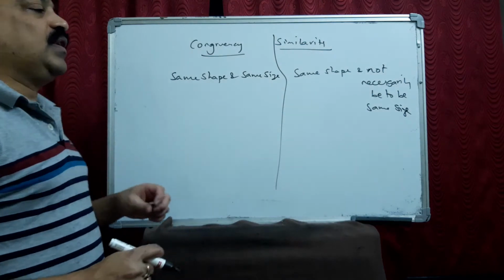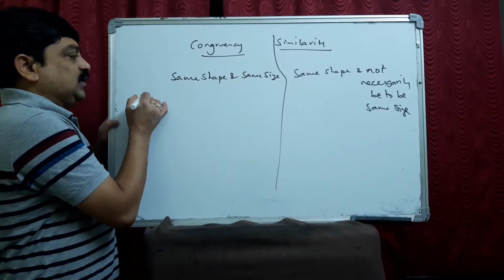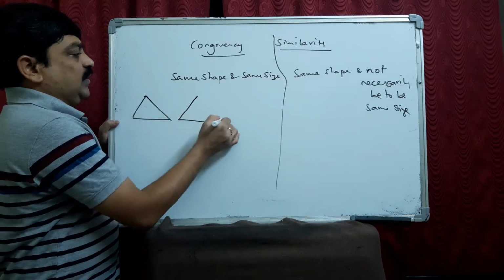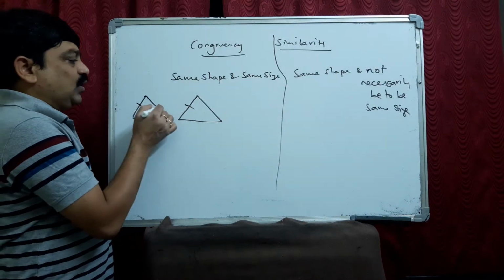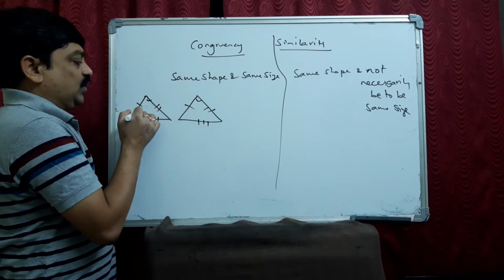This is the concept of similarity. Suppose you see two triangles; these two triangles are said to be congruent if all the sides are equal and also all the angles are equal.